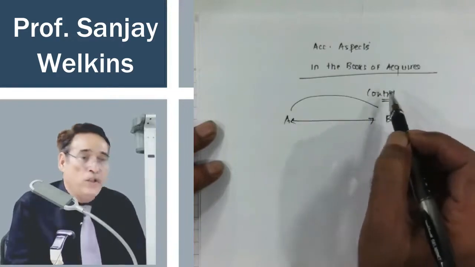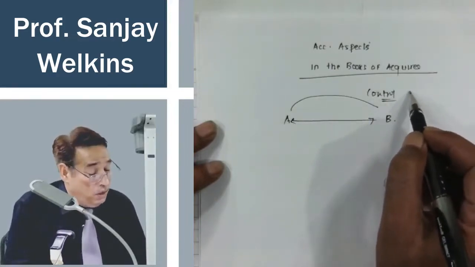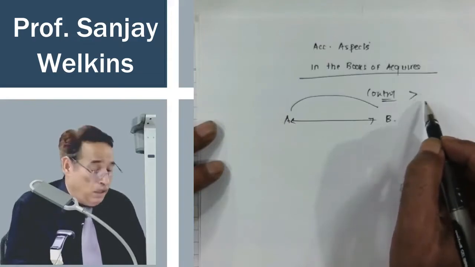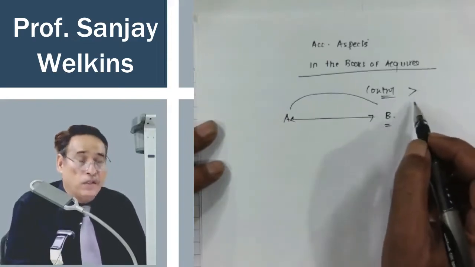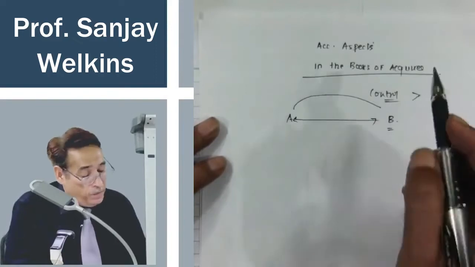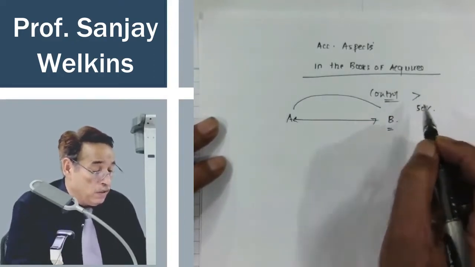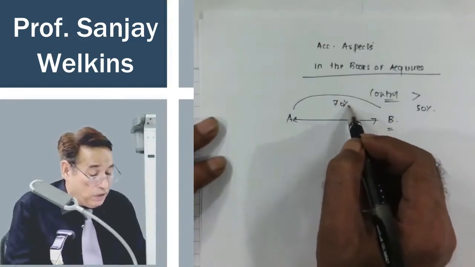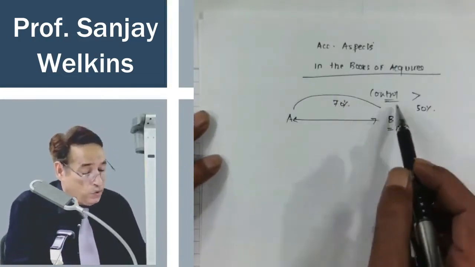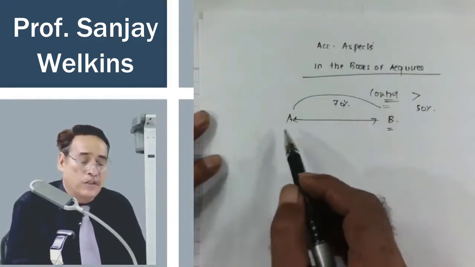I have already told you, generally the control is acquired when we invest in the entity and our controlling stake is more than 50%. Correct? Suppose we have invested in 70% stake of company B, so quite obviously the control will shift to us.